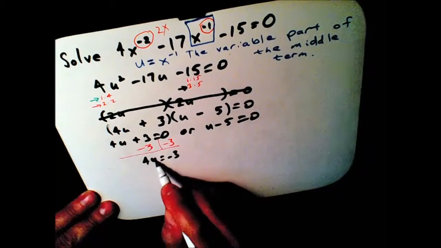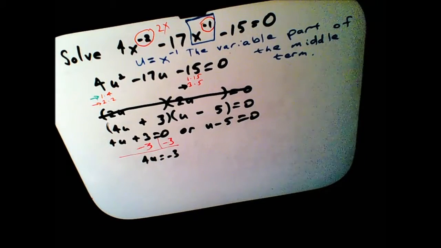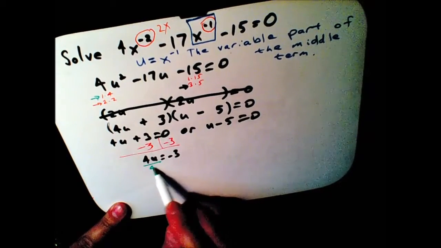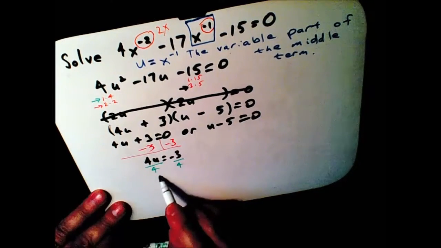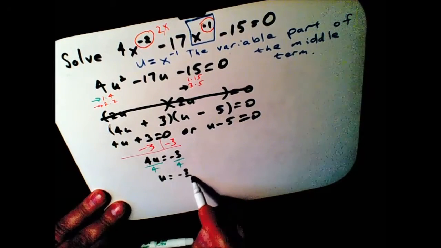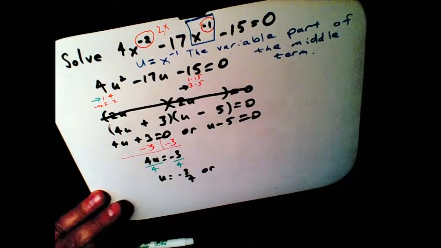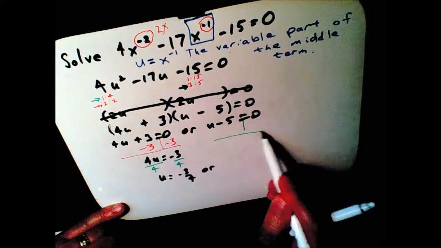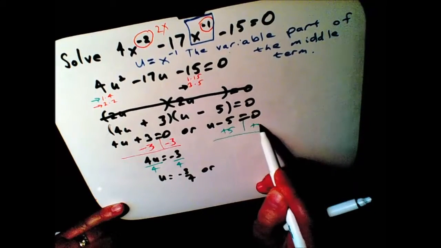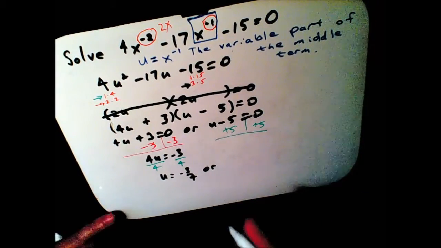Divide both sides by 4. U equals negative 3/4. And u is also going to be positive 5. Add 5 to both sides: u equals positive 5.